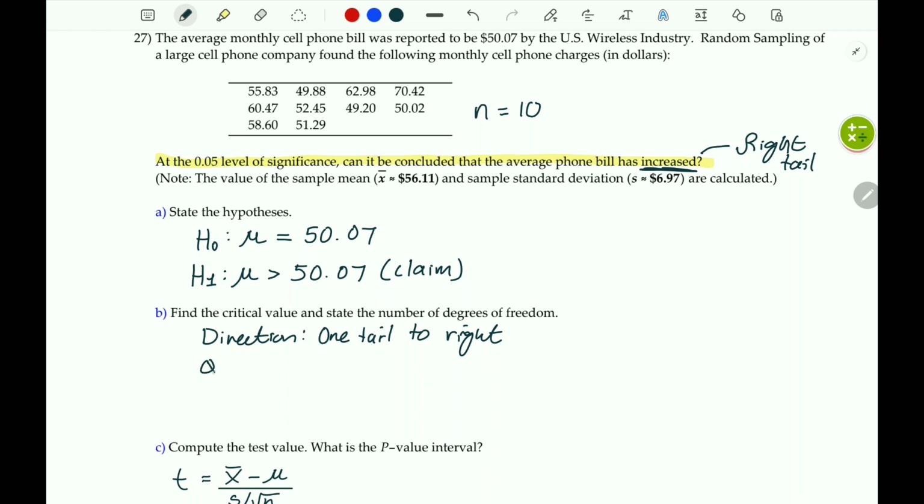The alpha in this test is 0.05, and our degrees of freedom is the sample size minus 1. We have a sample size of 10 data values, so our degrees of freedom are 9. And that is one of the answers to this question, which is to find the degrees of freedom and then state the critical value.